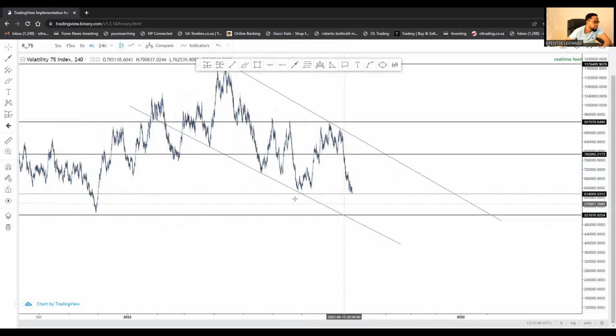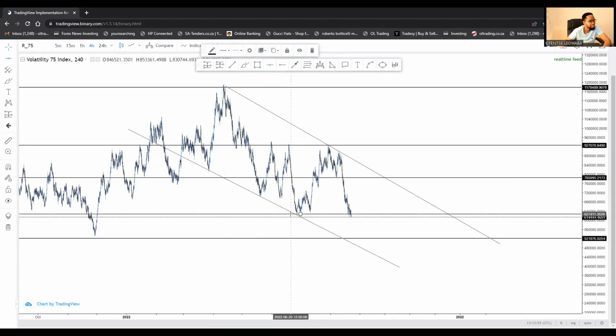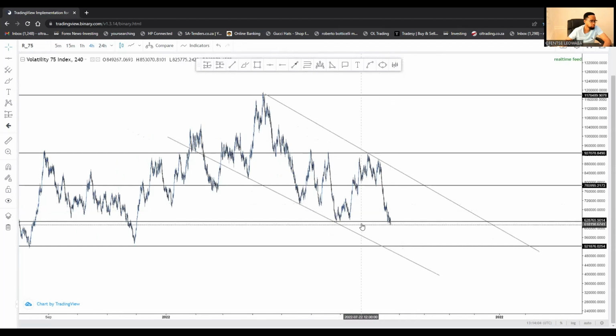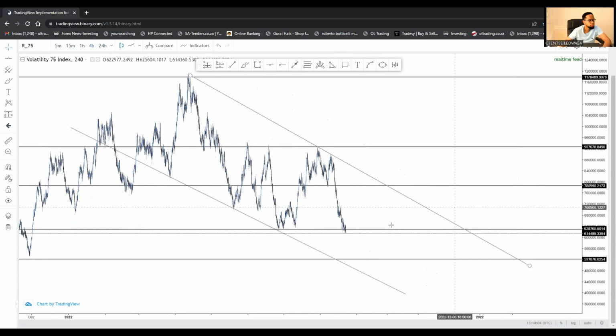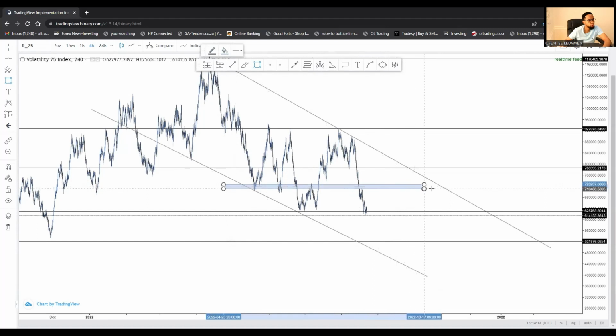Okay, so now let's look at what is currently happening. My other significant area will be this one. And then my zone, I can see we have a nice zone here.